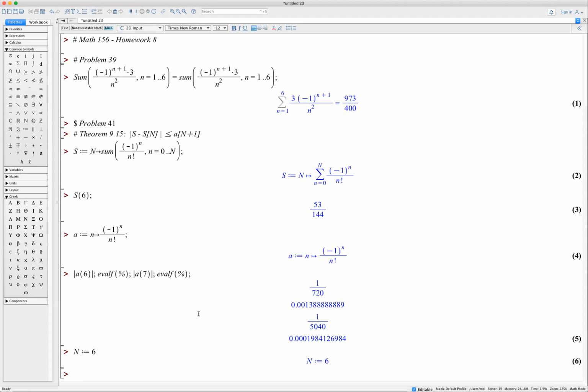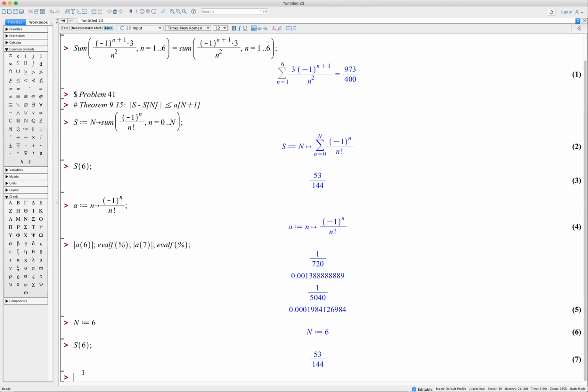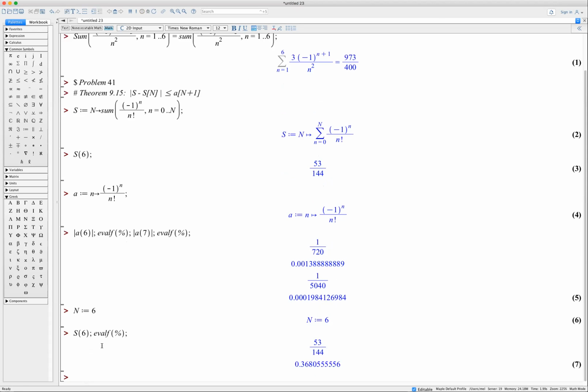And if I take the sum of the first 6 terms of the series, I get that. What is that as a decimal? It's that. What is the limit of the series? 1 over e.